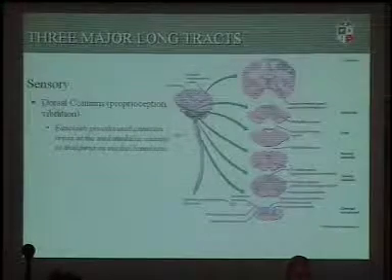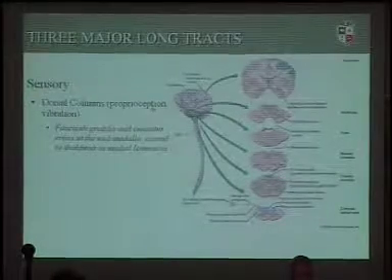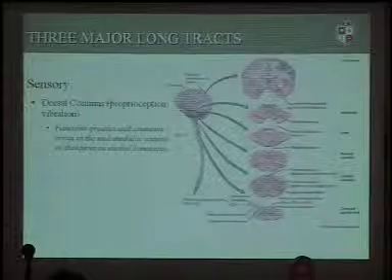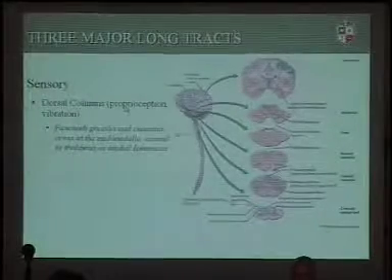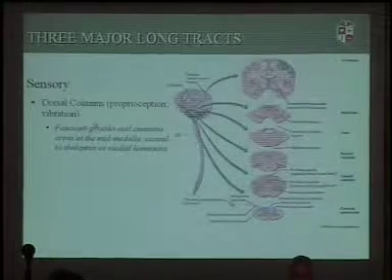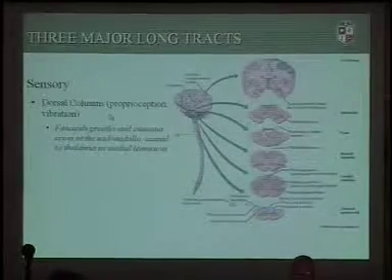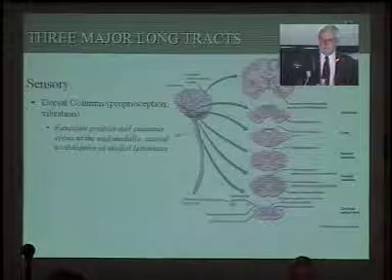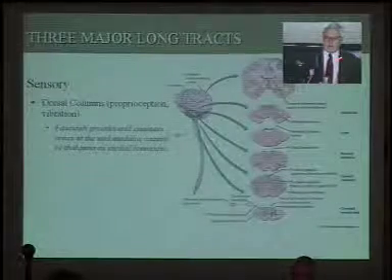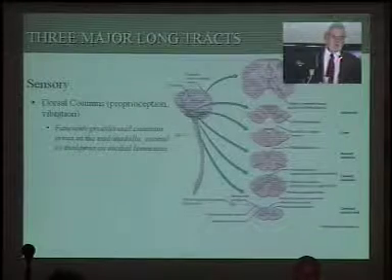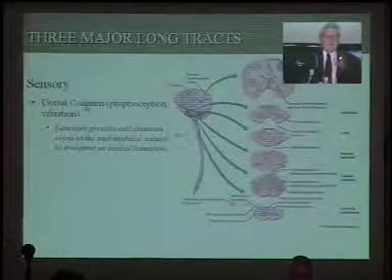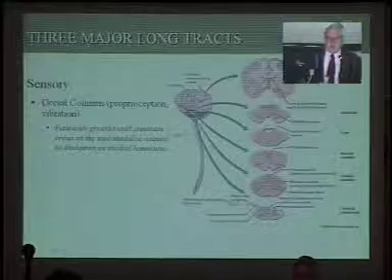The dorsal column system is a separate pathway that carries sensory information, primarily proprioception and vibration, but also fine two-point discrimination. And this pathway, as you might suspect, travels in the dorsal columns or the posterior columns of the spinal cord. Okay?